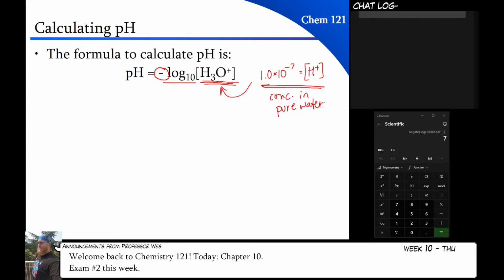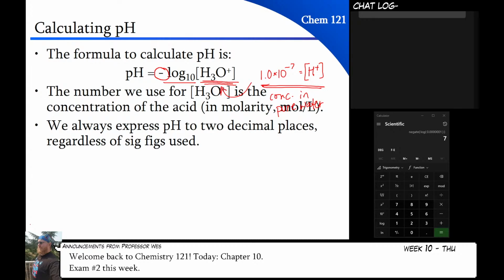We have defined pH around this value. What that means is that we're going to scale H plus up and down, and that's going to scale pH appropriately down and then up, based on what we do.